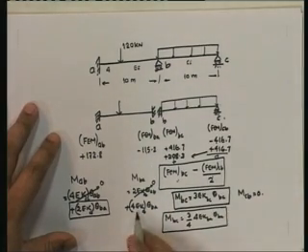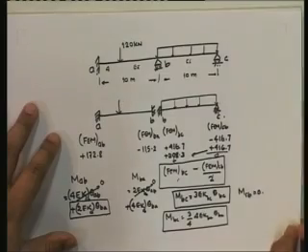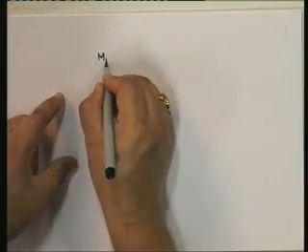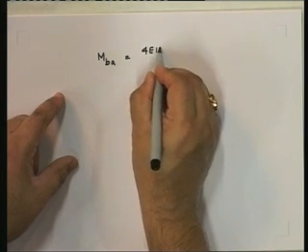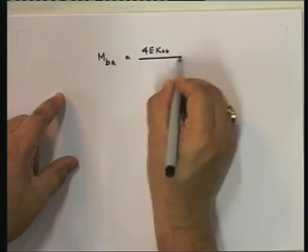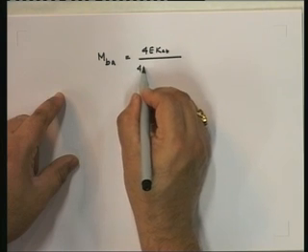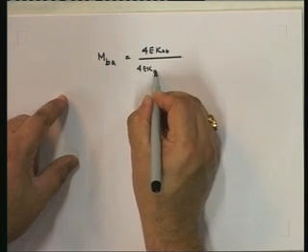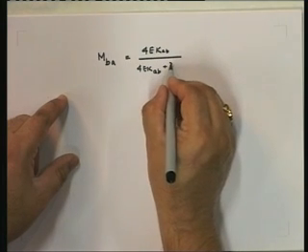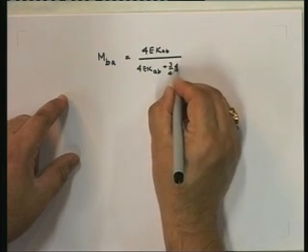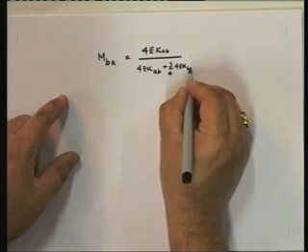Okay, and if you look at it, what is MBA plus MBC? MBA plus MBC is going to be equal to 4E KAB plus 3 by 4 of 4E KBC.